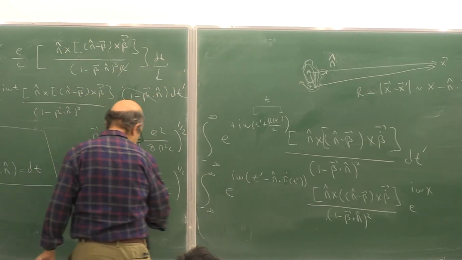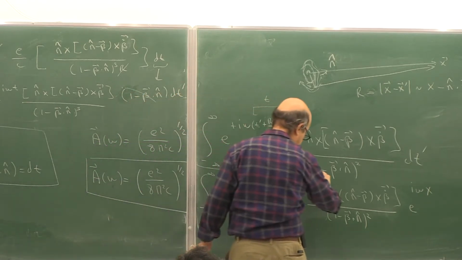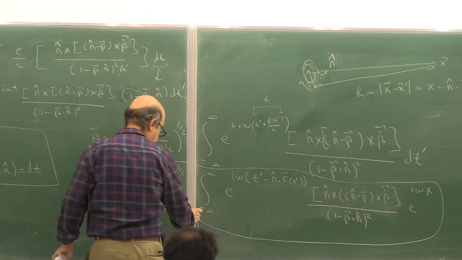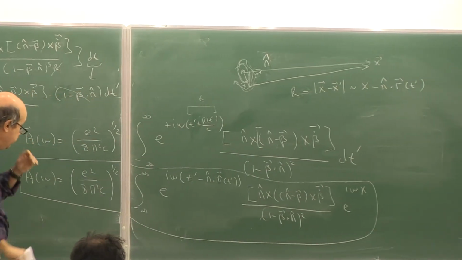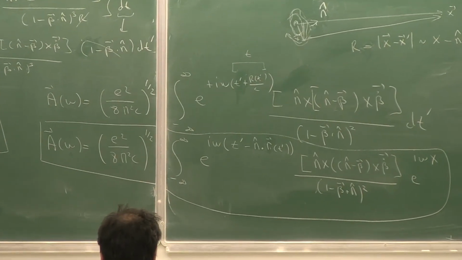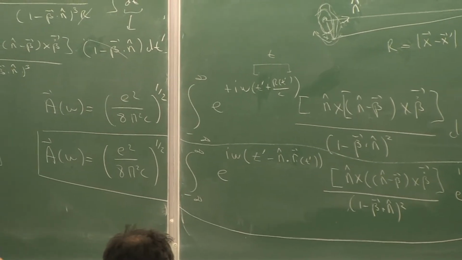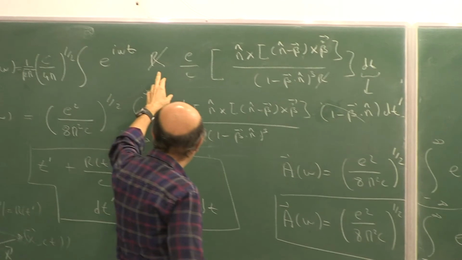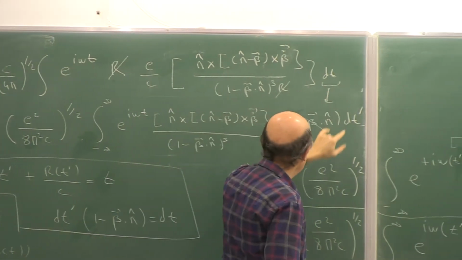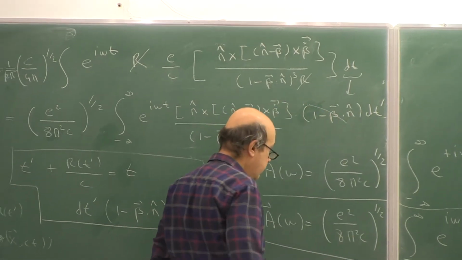If you are clear at this point, I will put the expression quickly in a compact form, and next time we will do the application. So are you clear with the derivation steps? Fourier transform of the field we are calculating, r is cancelled, and instead of dt we write 1 minus beta dot n dt prime, so one of the factors is cancelled.